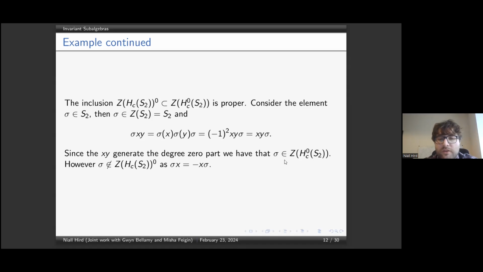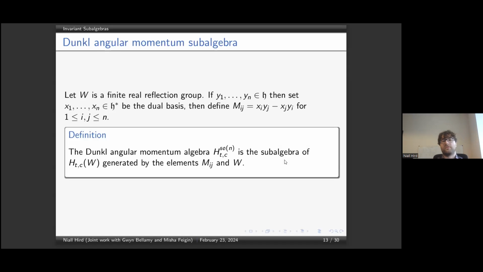You bring it across twice, so you'll get minus 1 squared, which is just 1. And yeah, it certainly commutes with the rest of the group, right? It's just S2. So it's inside the center of the degree zero part, but it's not inside the degree zero part of the center, just because, for instance, sigma doesn't commute with x. It takes it to minus x. So then we realized this inclusion was proper, at least some of the time.